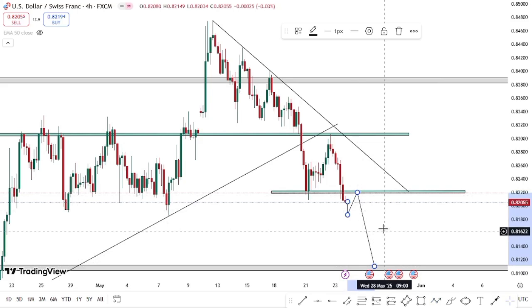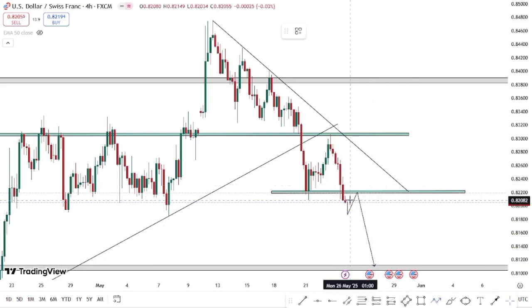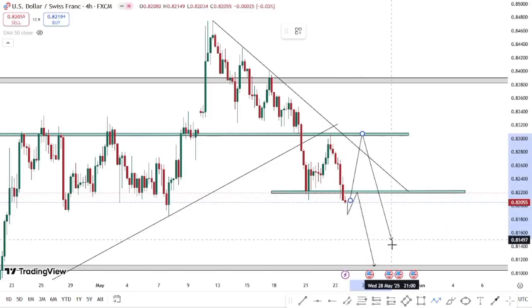zone right here. But ideally, I'll be expecting the market to pull back into this trend line or this zone before I want to start looking for selling opportunities all the way down.